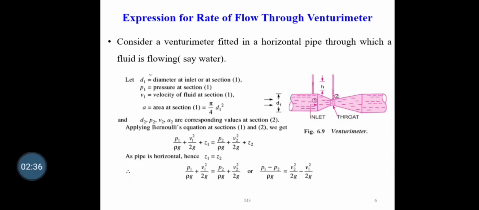So now the Bernoulli's equation simplifies to P1 by rho g plus V1 square by 2g equal to P2 by rho g plus V2 square by 2g, which can be rewritten as P1 minus P2 by rho g equal to V2 square by 2g minus V1 square by 2g.